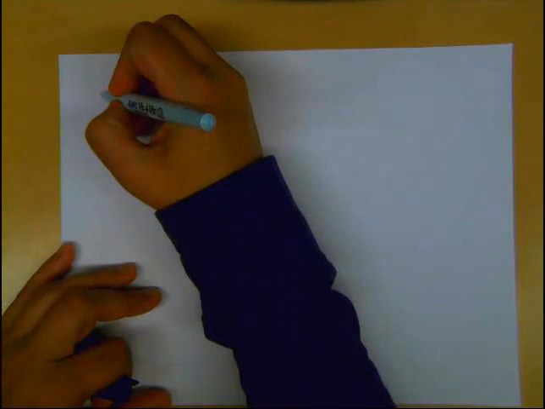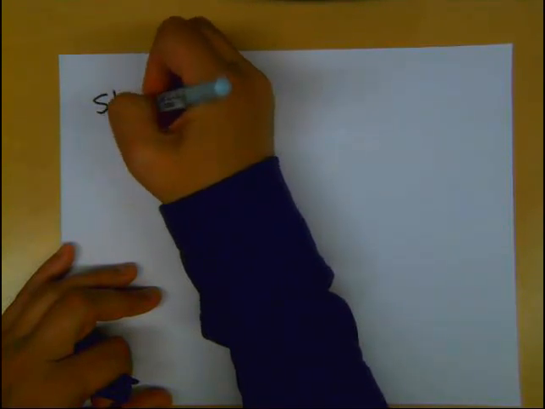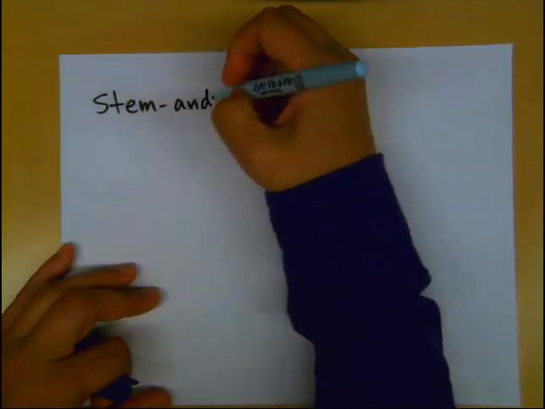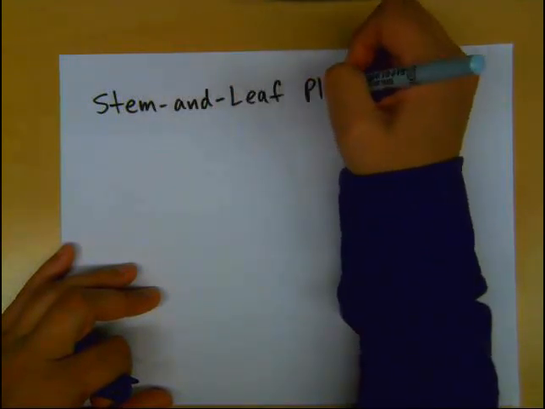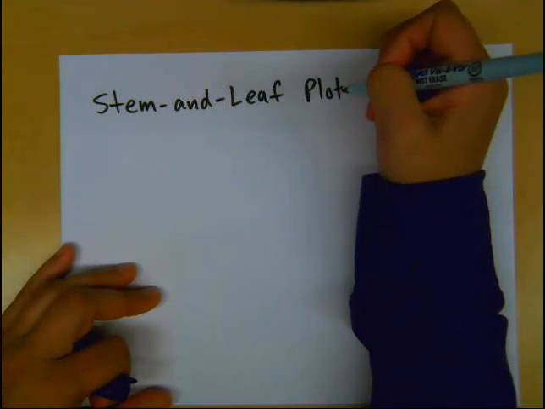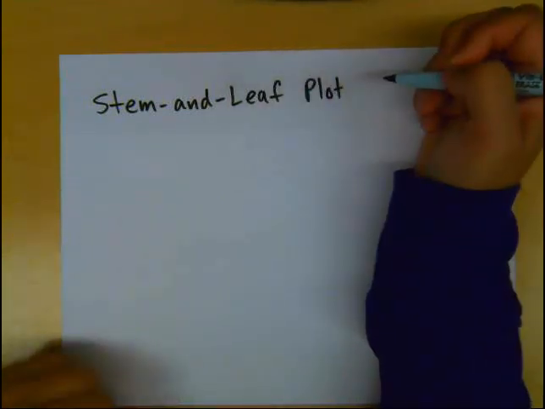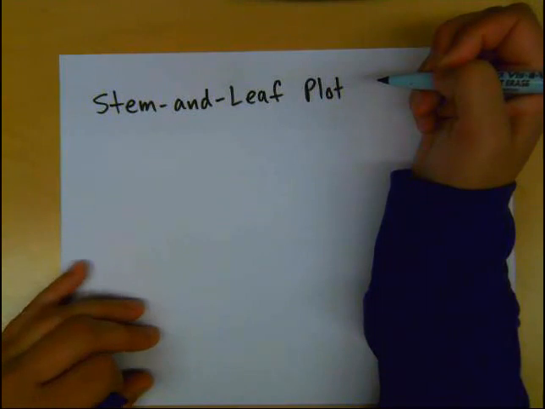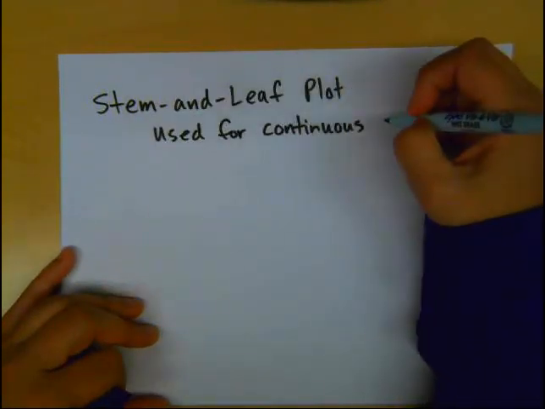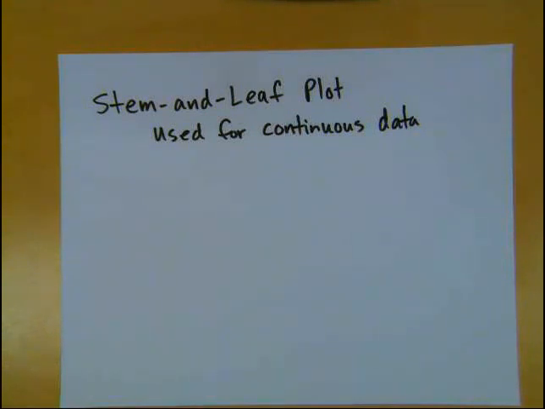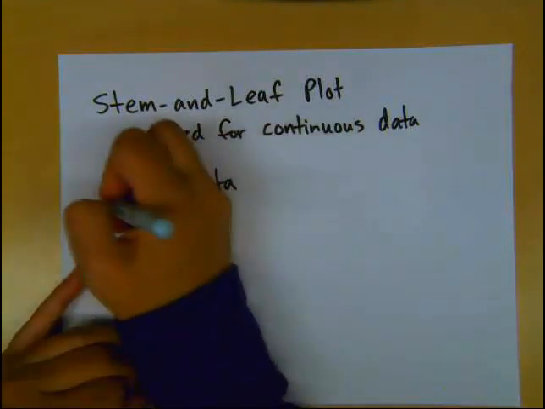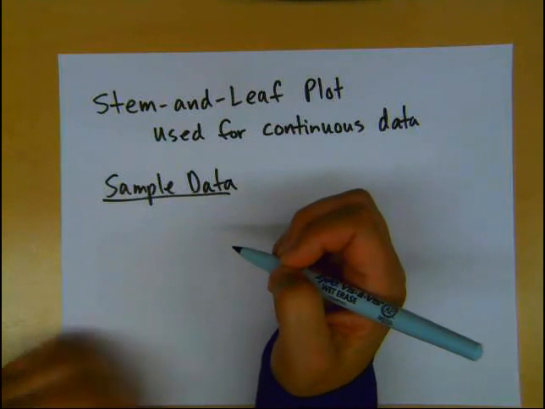So one of the ones that we're going to look at is called a stem and leaf plot. Stem plot, stem and leaf graph, those are all the same type of thing that we're working with. Working with continuous data, and we want to be able to break up that data into different categories. So let's say I have some sample data.